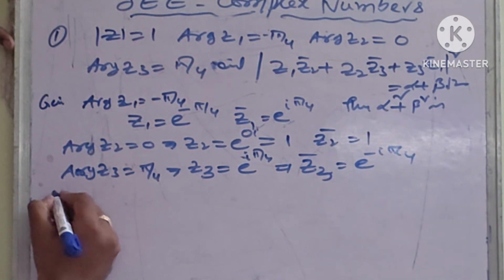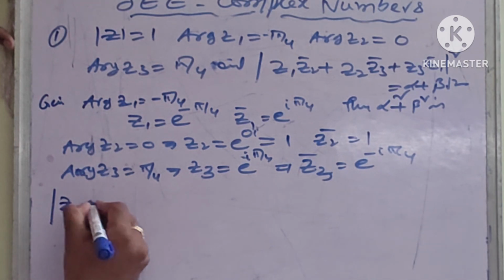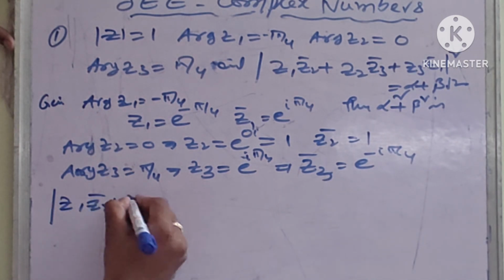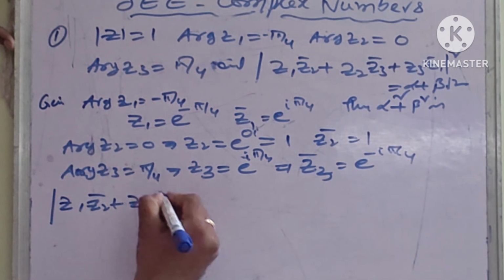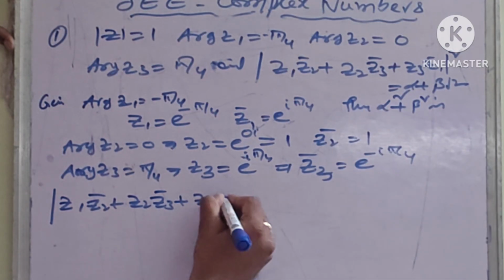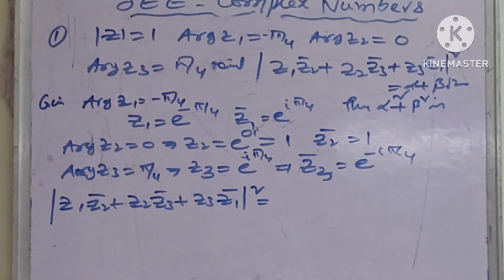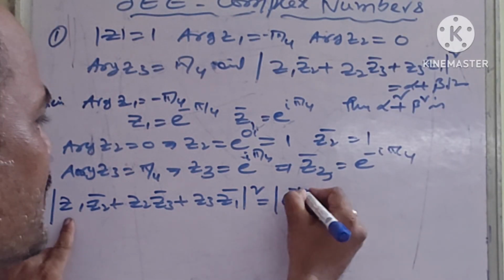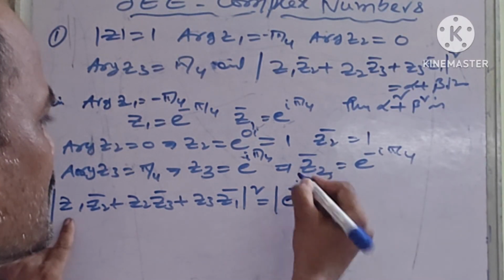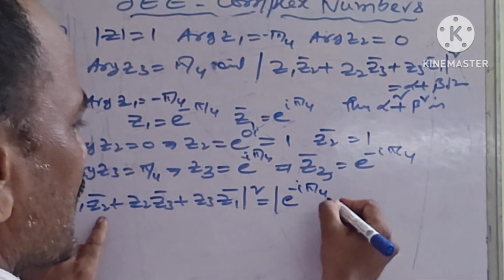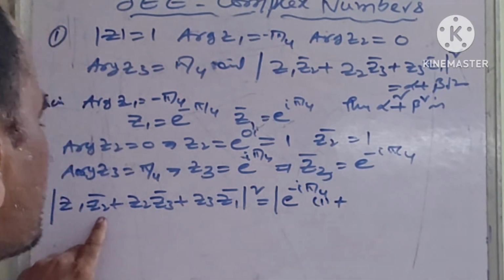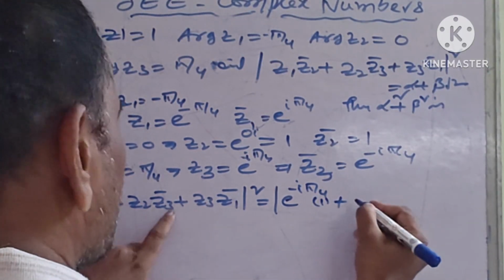So according to the sum, modulus of Z1 plus Z2 bar plus Z2 plus Z3 bar plus Z3 Z1 bar whole square is equal. Here Z1 is e power minus iota pi by 4, so Z2 bar, that is 1, plus Z2 is equal to 1.